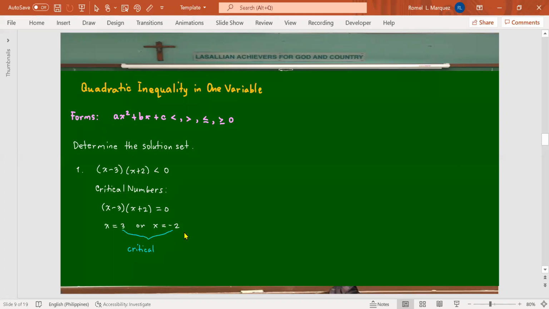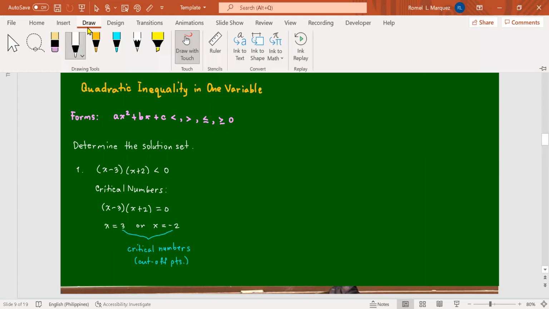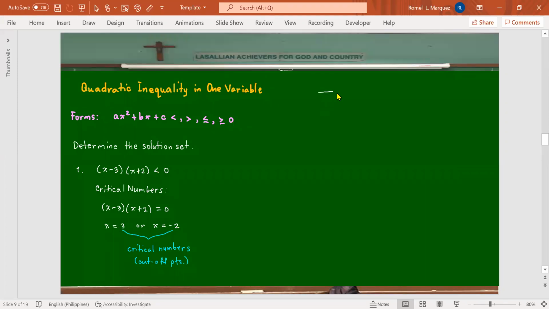So these are neutral, critical numbers, or cut-off points.